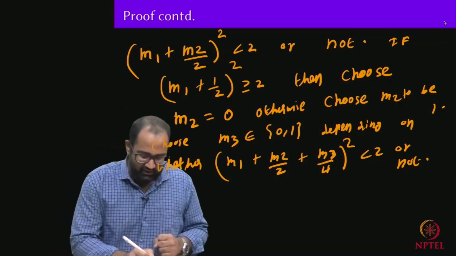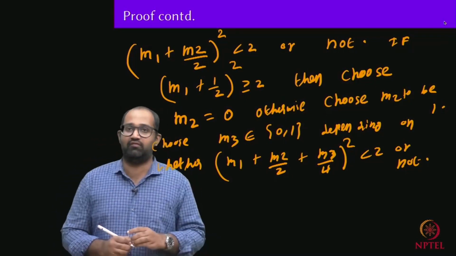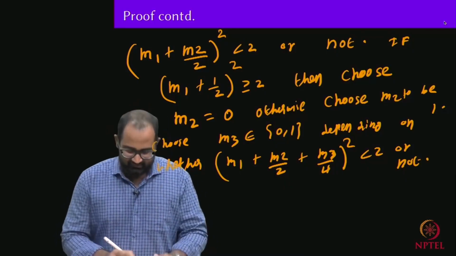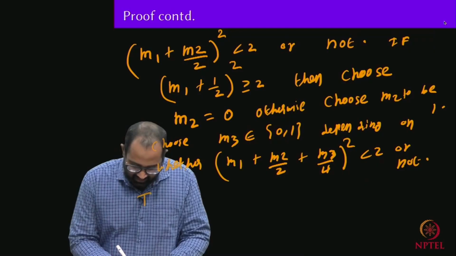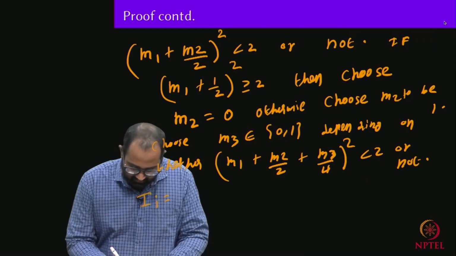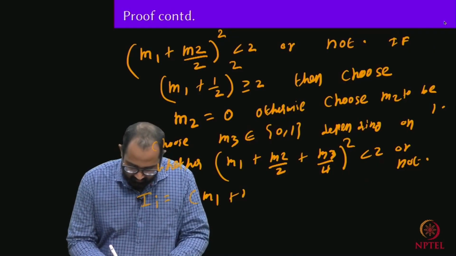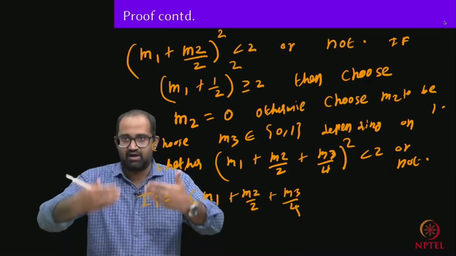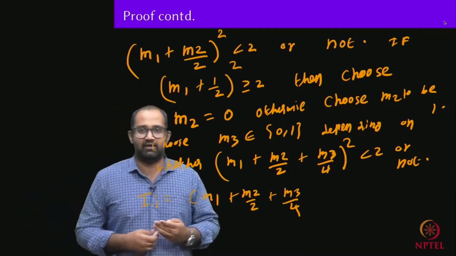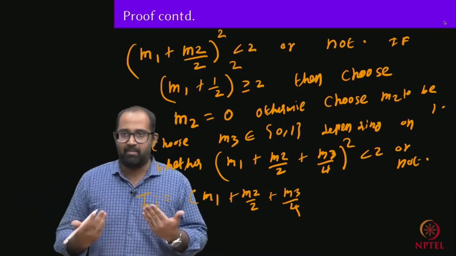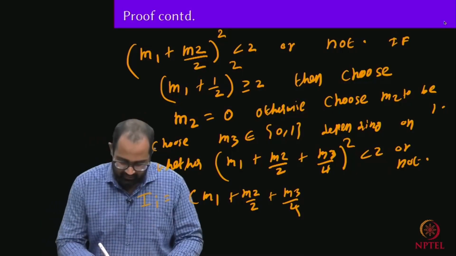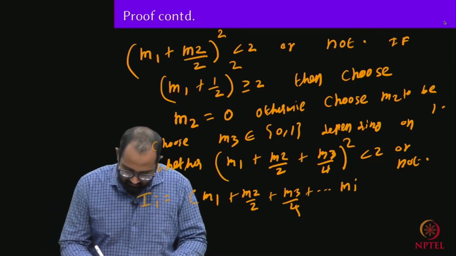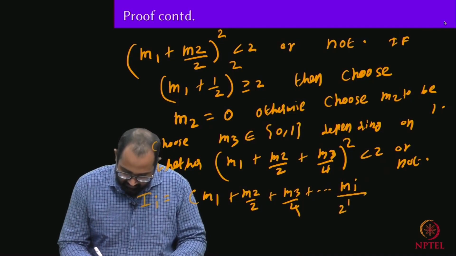Now, what I am going to do is set up a sequence of nested intervals. What is that sequence? Well, I_i is just M1 plus M2 by 2 plus M3 by 4, and I continue like this, creating further Mi's in exactly the same way, plus dot dot dot Mi by 2 power i minus 1.